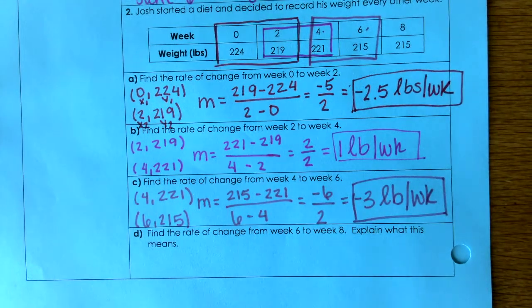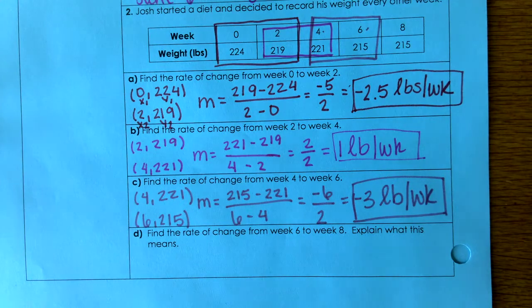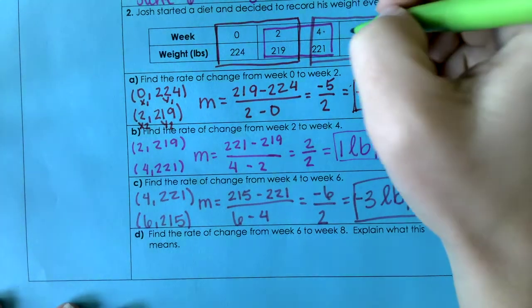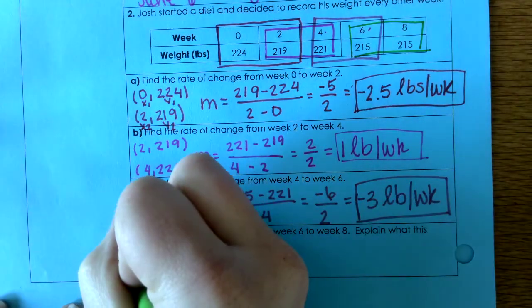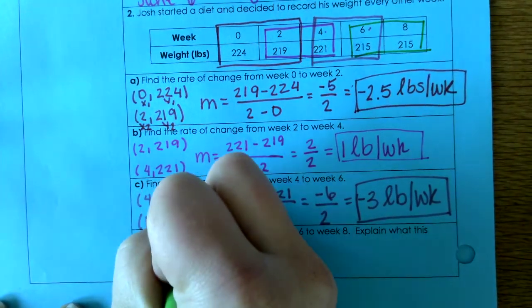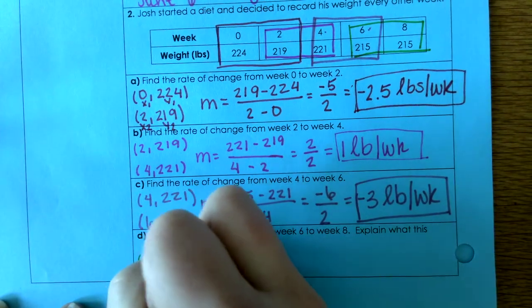Okay? Finally, on this problem, we have to find the rate of change from week 6 to week 8 and explain what it means. So our last one is week 6 to week 8. I have (6, 215) and (8, 215).